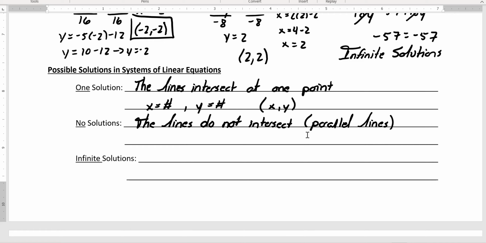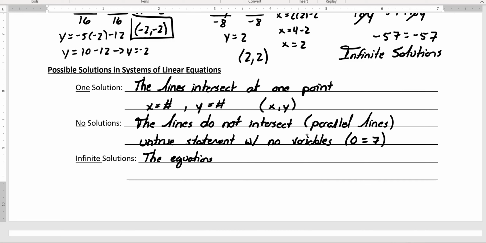And how that will look algebraically when we solve it is we'll get an untrue statement with no variables. It'll be something like 0 equals 7. Something like that, where we get two numbers that the equation says have to equal each other, but we know they don't.